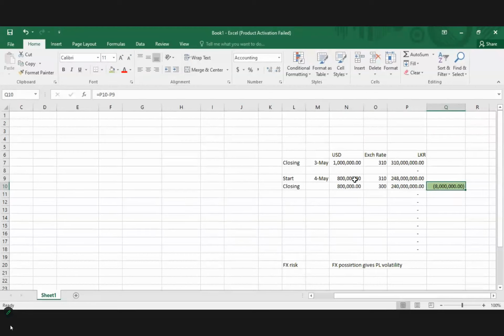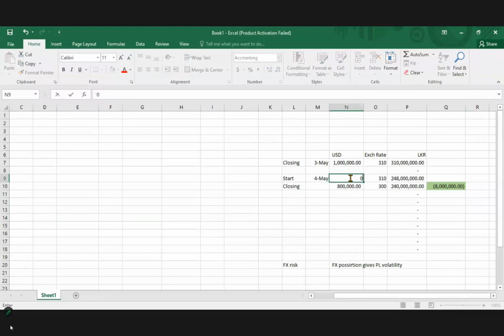So one thing that you can do is reduce your exposure from 1 million to 800,000 and you will be within your tolerance limit. So establishing a tolerance limit and staying with it, that is reducing your risk.